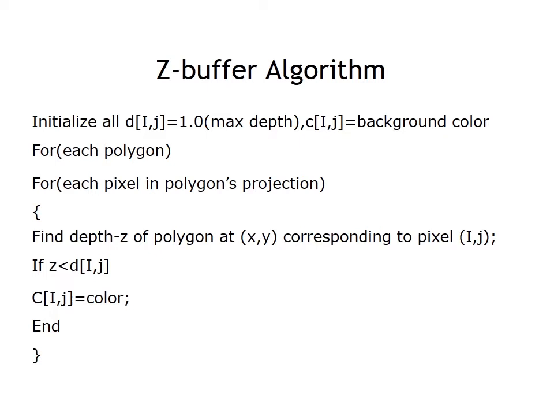If z is less than d(i,j), then set d(i,j) equal to z and C(i,j) equal to the polygon color. End. So in summary, this approach compares surface depth at each pixel position on the projection plane. Object depth is usually measured from the view plane along the z-axis of a viewing system.